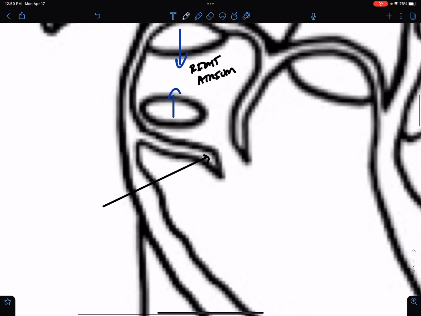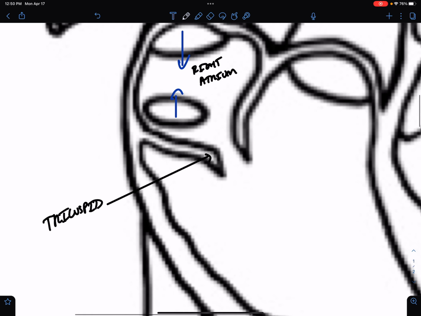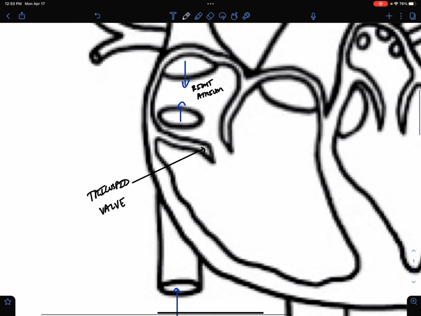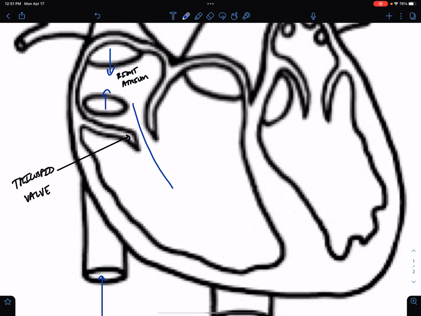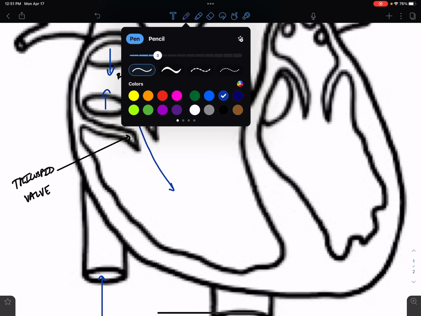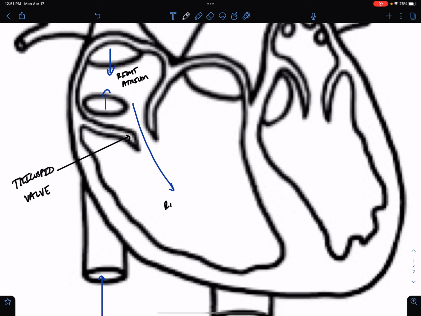This is called the tricuspid valve. It's called tricuspid because it has kind of 3 little cups that come together when it closes. So the blood is going to move from the atrium, and it's going to fill up what we call the ventricle. This is the right ventricle.